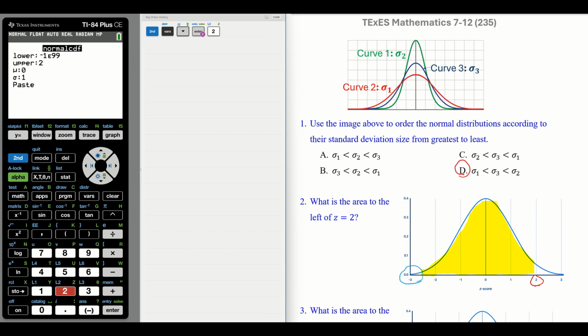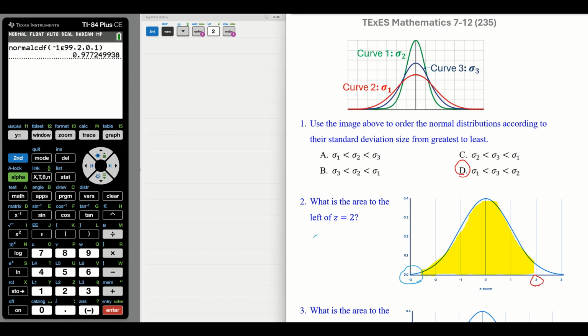Notice it's a positive 2. And our mean, or mu, is still going to be 0 because we're talking about the normal distribution. And we still have a standard deviation of 1 because it's normal. Enter, enter. And that is correct. Now, there are 2 ways you may see this written.